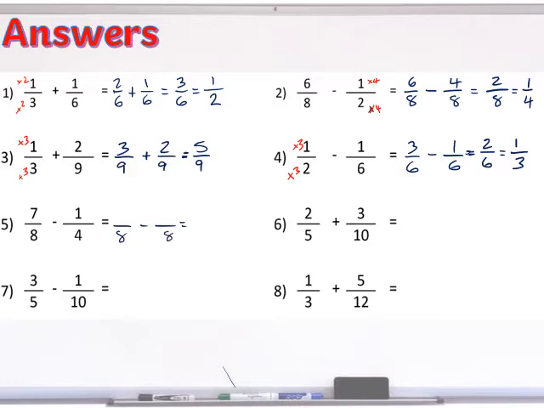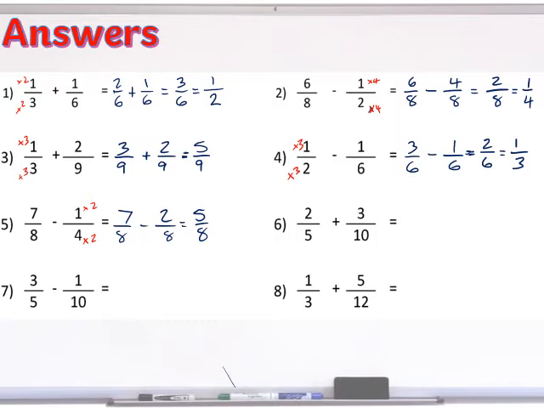The 8s don't need to change, so we can keep putting the 7 in for a numerator. What have we done to that 4 to make 8? We've multiplied it by 2, so we did the same to the top. 1 times 2 is 2. 7 subtract 2 is 5, and we're dealing with eighths, aren't we? Can we simplify 5/8? There is no common factor between 5 and 8, so it stays at 5/8.